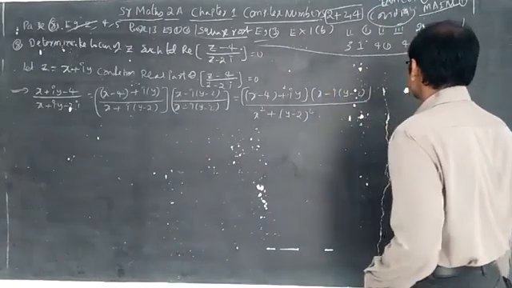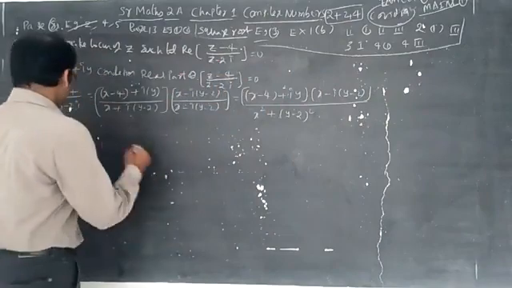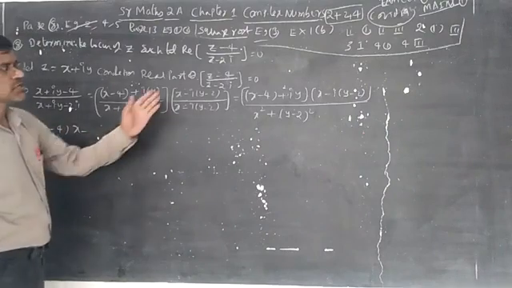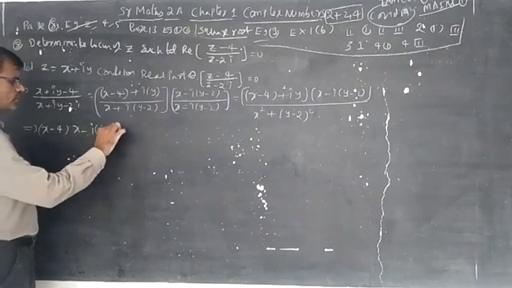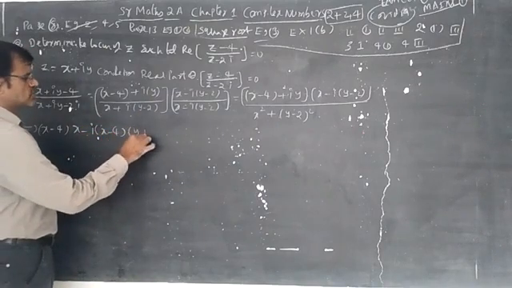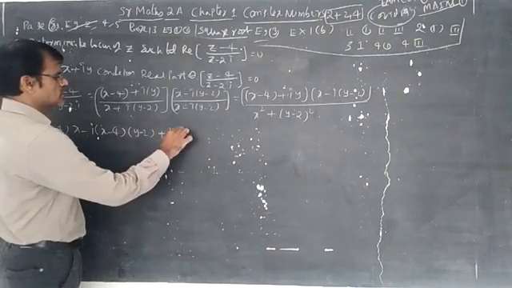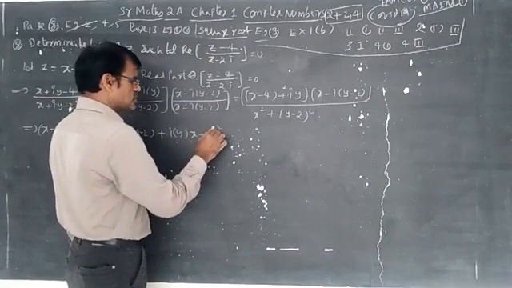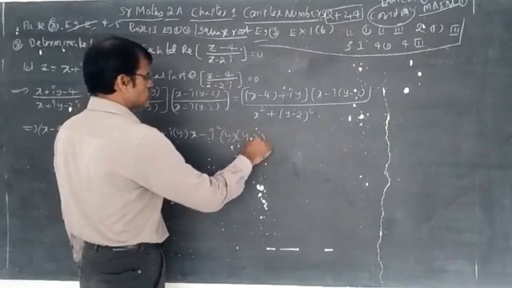Now multiply each and every term like this. x minus 4 into x minus 4, next x minus 4 into I into y minus 2, plus I into y into x minus 4, and minus I square into y minus 2 whole.